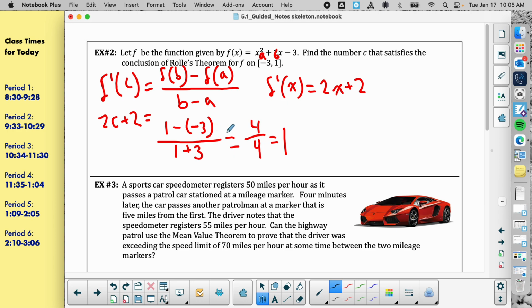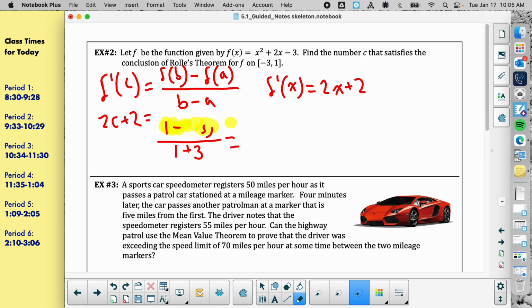Plugging 1 in should give you 0. You plug in b minus a. See, I want the old smart board back.